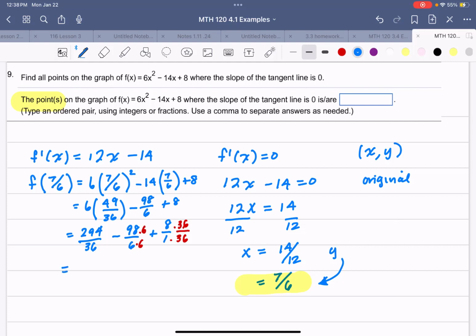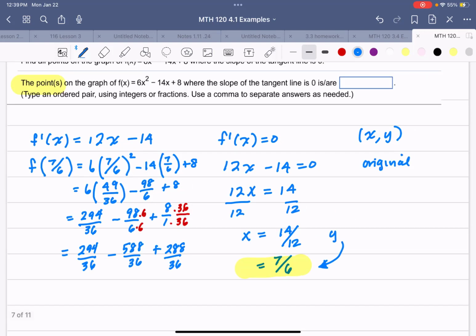So I will end up with 294 over 36 minus 588 over 36 plus 288 over 36.